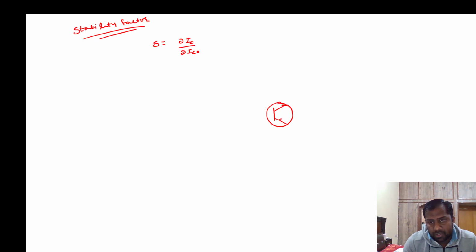So this is the PNP transistor in the common emitter mode. Clear? So this is the resistance RC, and we are using here one more resistance connected to the emitter terminal, which is the RE, and this is the capacitor CE.